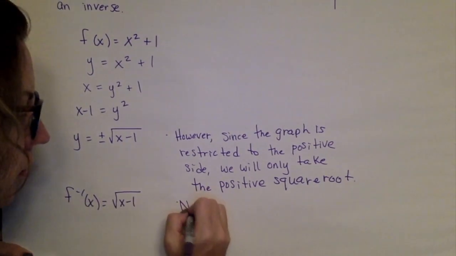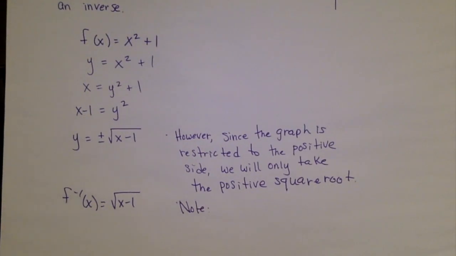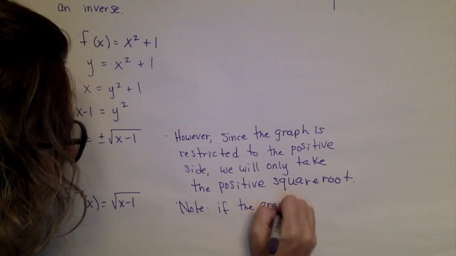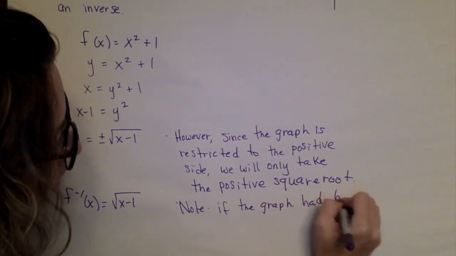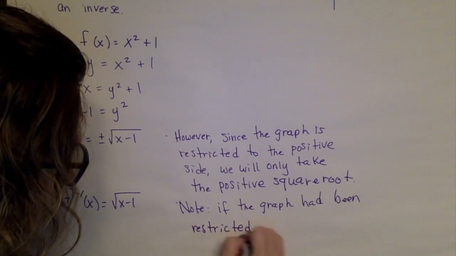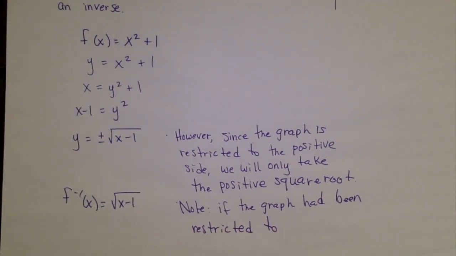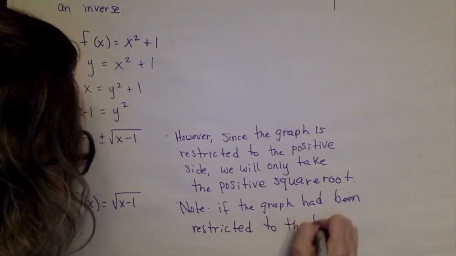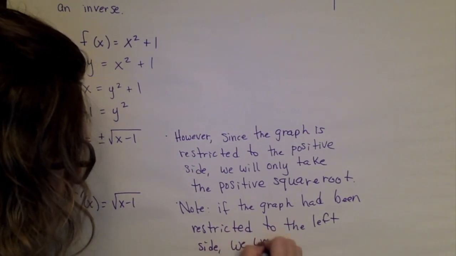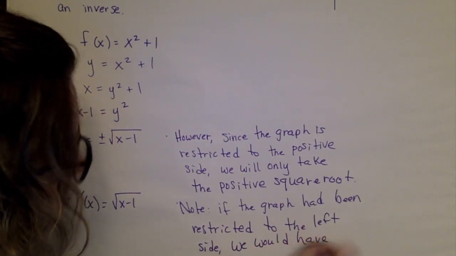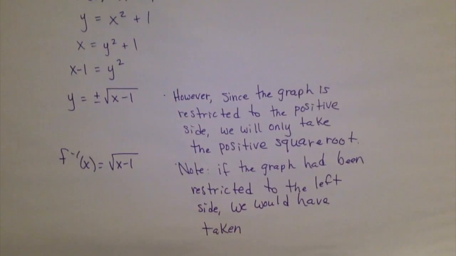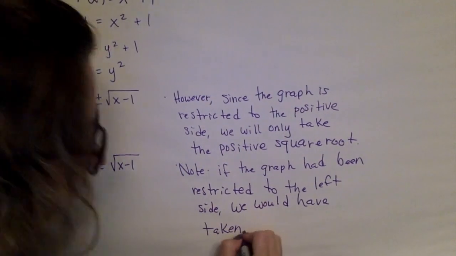Now, note, if the graph had been restricted to the left side, we would have taken the negative square root.